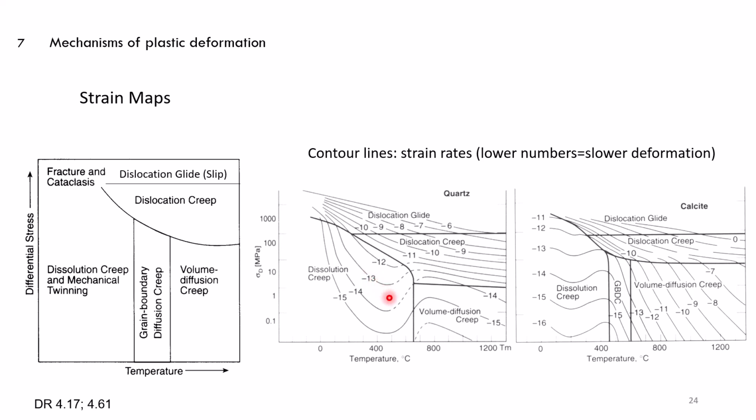Strain rates are measured per second in a logarithmic scale, and the smaller the number that we see indicated here, labeling these different contour lines, the slower the deformation rate would have been during the experiments that were carried out and from which these strain maps were produced.